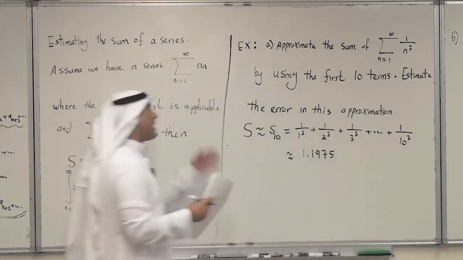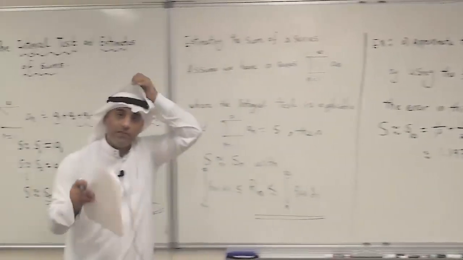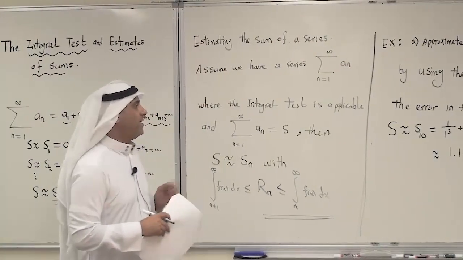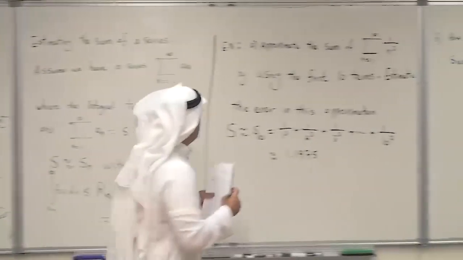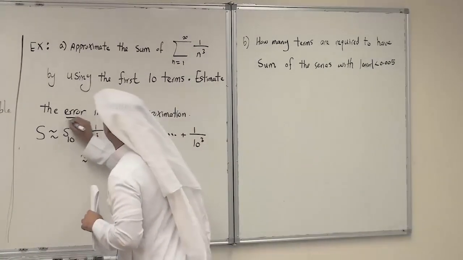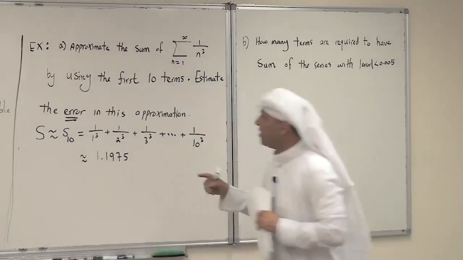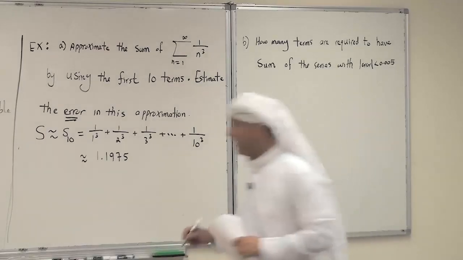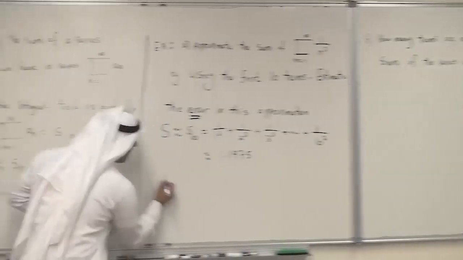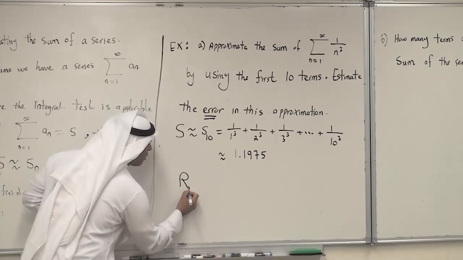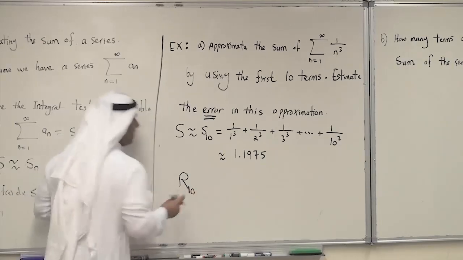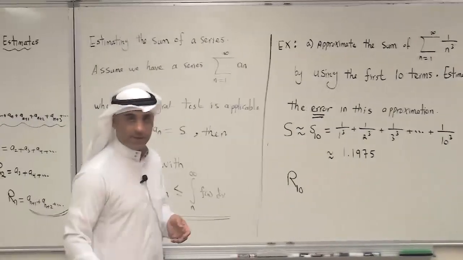So we are approximating by taking only the first 10 terms. The question is, what is the error involved in this approximation? Meaning, how large is R10? We need to find R10, the error corresponding to adding only the first 10 elements.